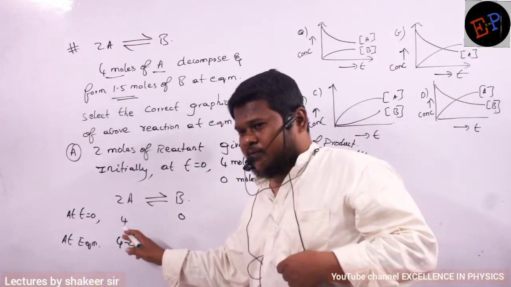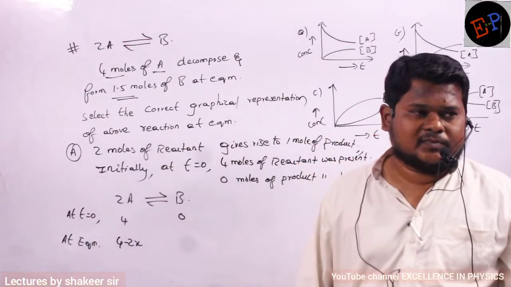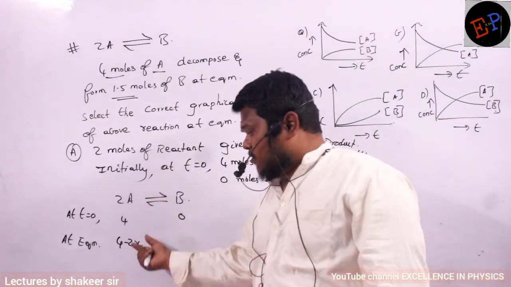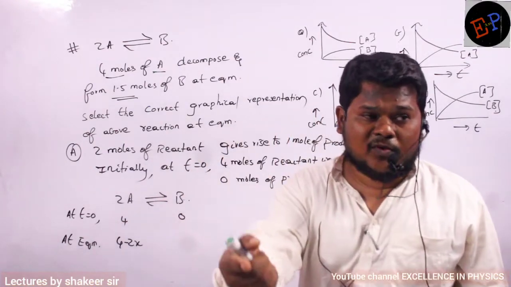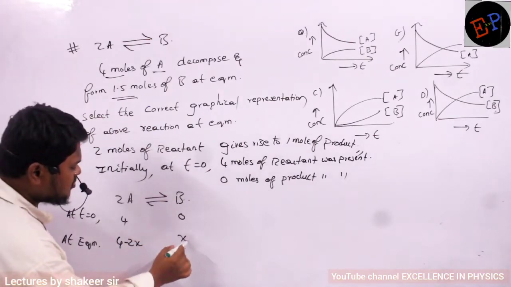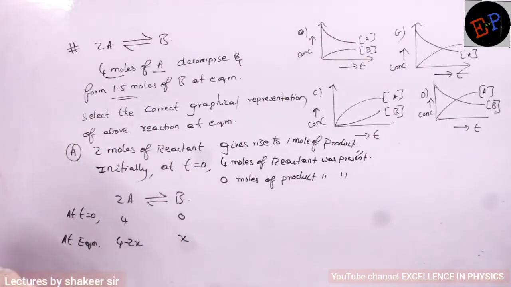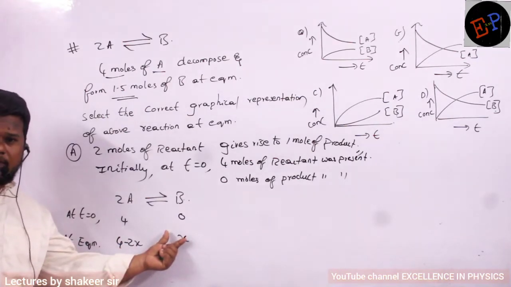4 is the initial number of moles. X means the number of moles which have disappeared. Understood, no? But how many moles can disappear in the reactant? 2 moles can disappear. Then only 1 mole of product will be formed. Therefore, here I have to write x. Clear, no? 2x is disappearing, x is forming. Is it correct?